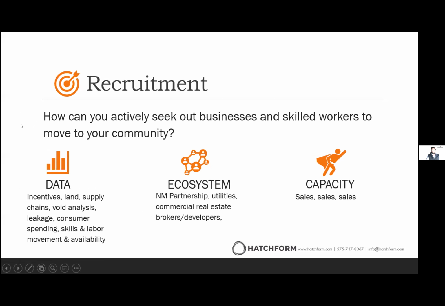Next is recruitment, and this is probably where most Main Streets don't necessarily enter into this recruitment bucket, but I wanted to include it just in case, because there is a lot of economic development that still concentrates on this recruitment aspect. And this is actively seeking out businesses and, again, skilled workers or talent to want to move to your community.